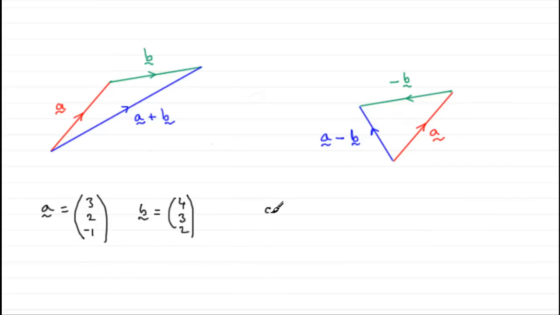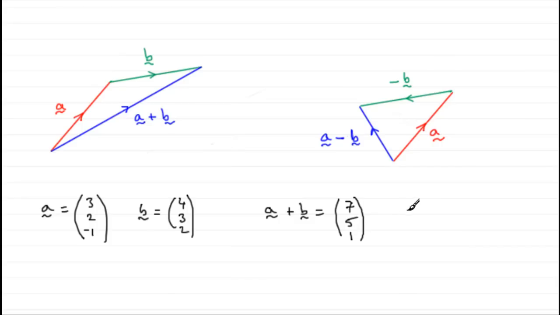Just simply add or subtract elements in the same position. So A plus B would be equal to 3 and 4, which is 7 in the i direction, 2 plus 3, 5, and minus 1 plus 2 is just going to be 1. 7i plus 5j plus k.